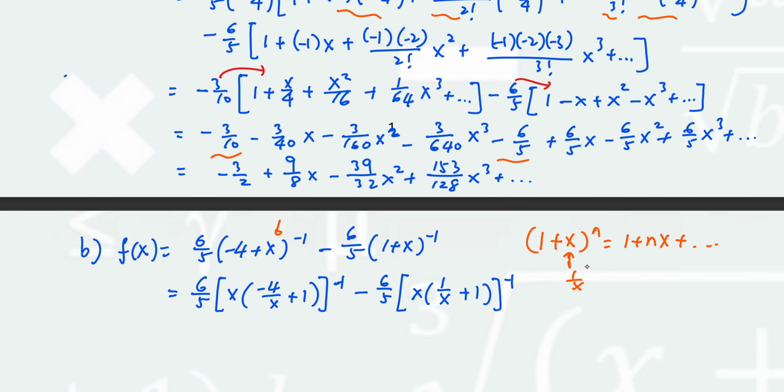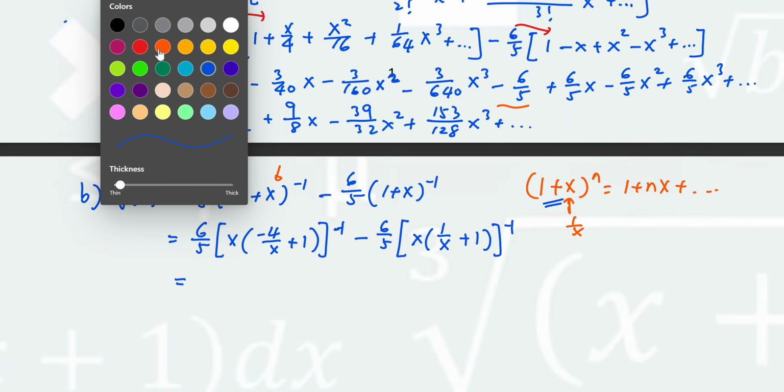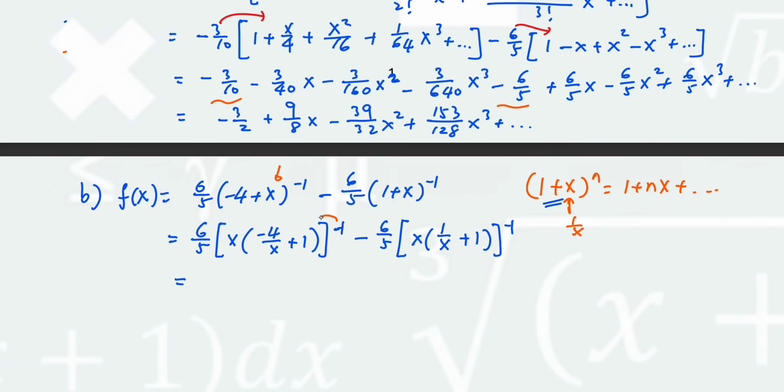Okay, now I have to arrange so that it is in this form. First term is 1. So now, again, I will bring in the power first, for both of the terms. So that is going to be 6 over 5, x degree minus 1.